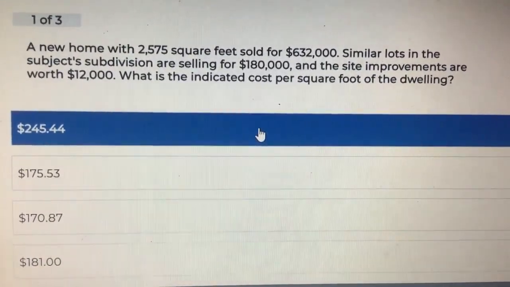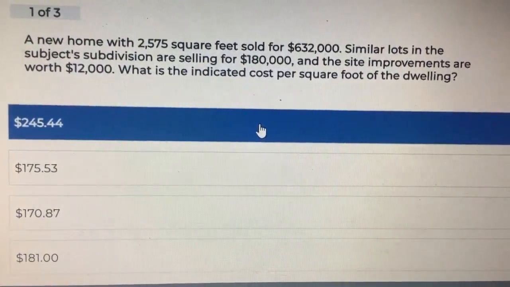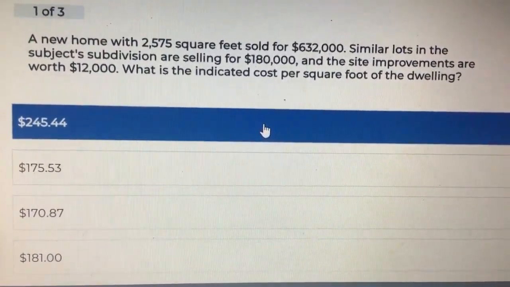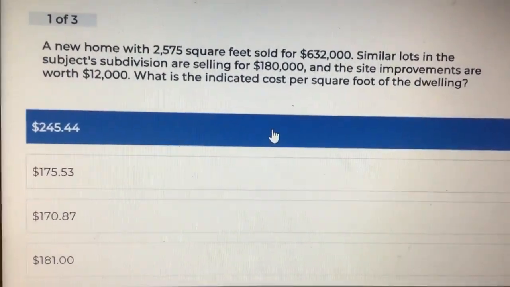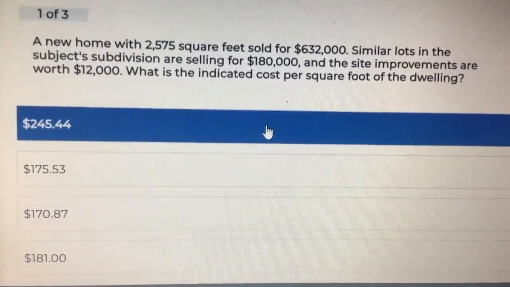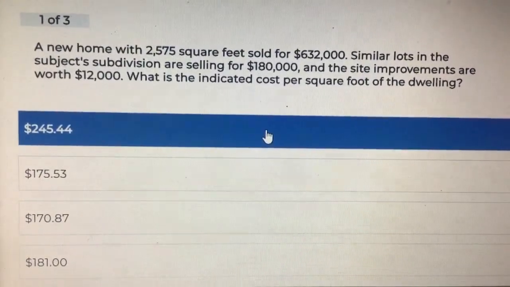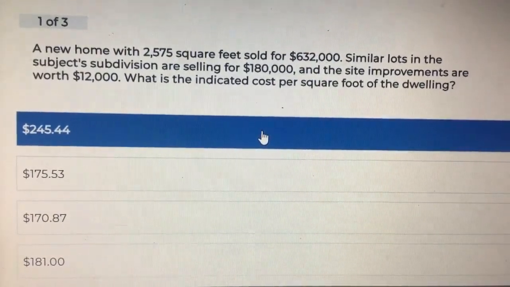And then this next part goes on a kind of a rant, and I don't know if it's really part of the question. It just talks about similar lots in the subdivision selling for $180,000, and the site improvements are worth $12,000, right? But what does that have to do with the actual new home?